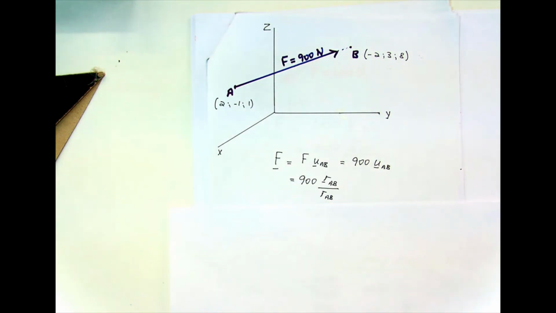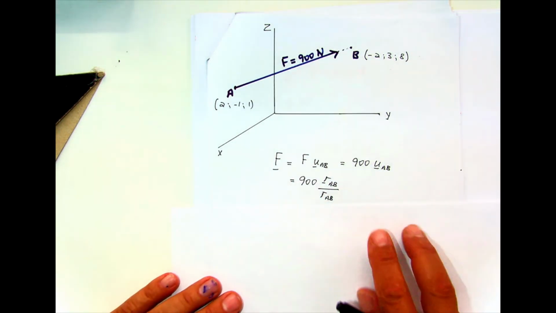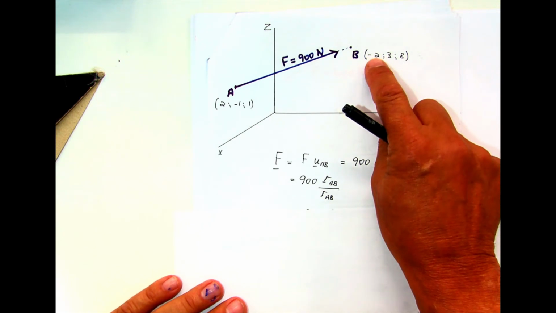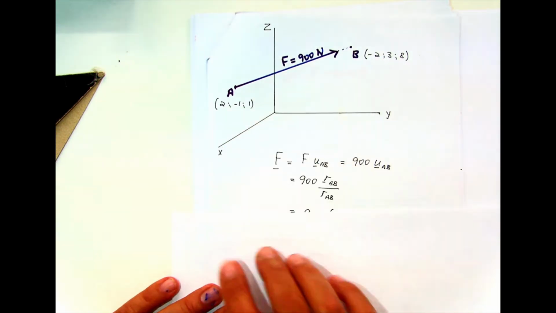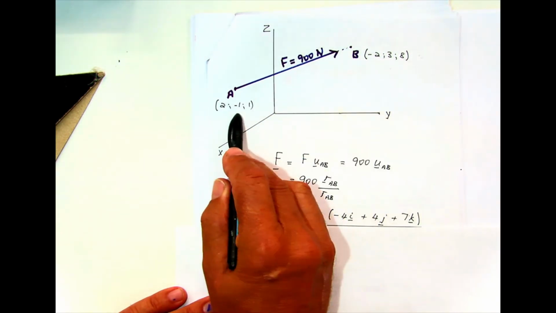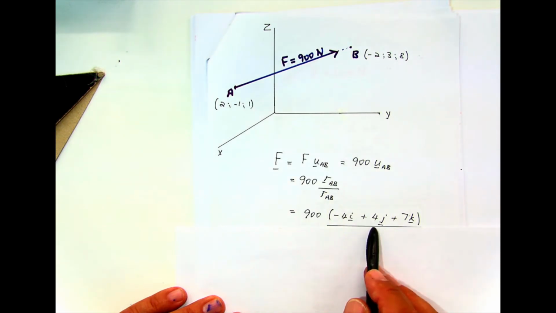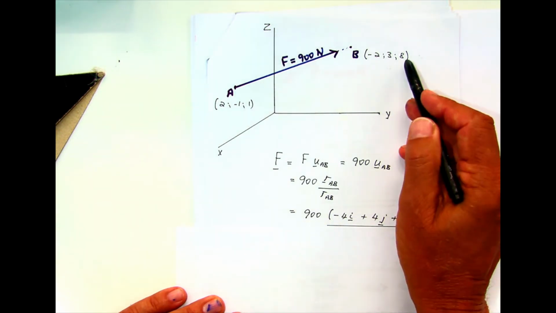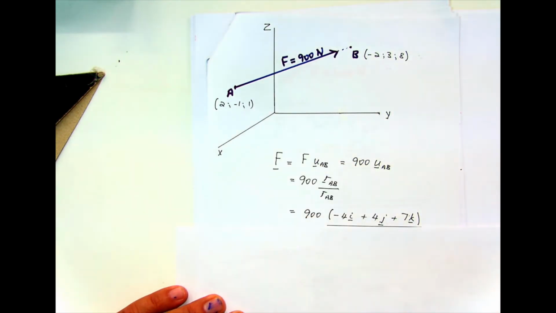That is the vector from A to B. The final values minus the initial values. So if I do that, I'm going to get for the x coordinate minus 2 minus 2. That's minus 4. There I'm going to get 3 minus 1. That's plus 4. And the other one is 8 minus 1, which is 7.